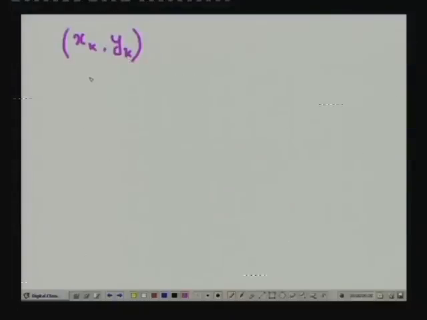and the equation of this straight line is given by c is equal to minus m x k plus y k. So, what we have to do is find the values of m and c from this particular equation.